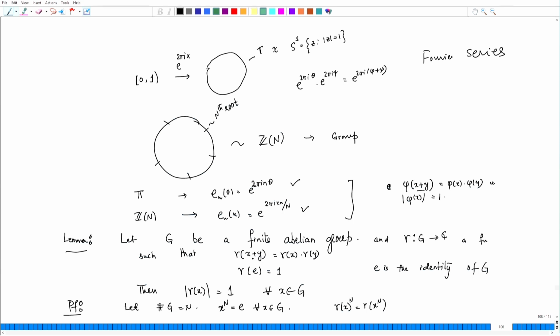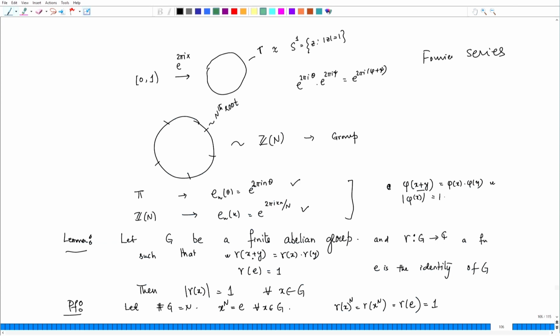Because of the property we have been given, this is gamma x into gamma x, n times. Therefore this identity holds, and this is equal to gamma of E, which is 1.